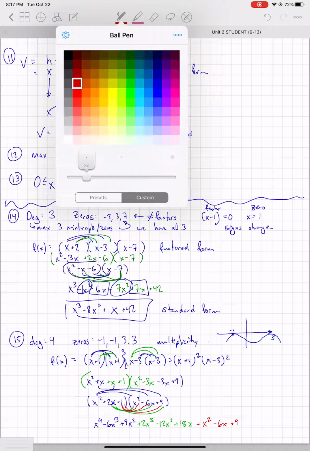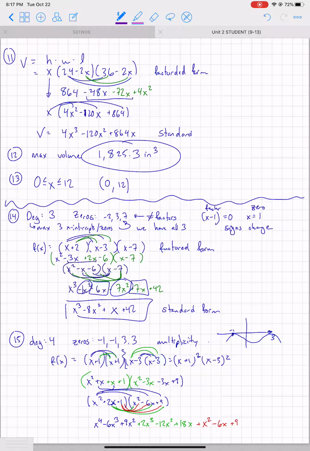So now we have to rewrite these all together to get our final standard form equation. x to the fourth has no like terms, so it stays x to the fourth. Negative 6x cubed only has one other like term, so we add those two coefficients together to get negative 4.